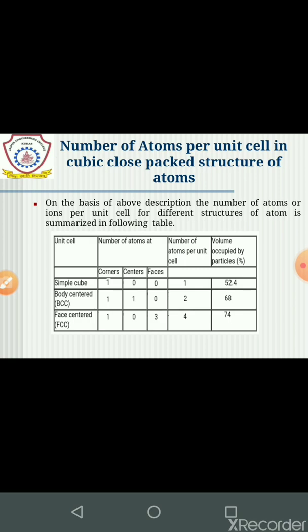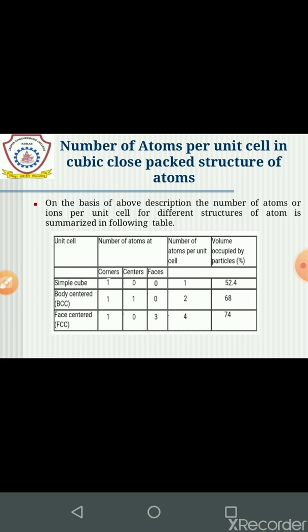Next one, the number of atoms per unit cell in cubic close packed structures. On the basis of the above description, as we studied earlier, the number of atoms or ions per unit cell for different structures is summarized in the following table.